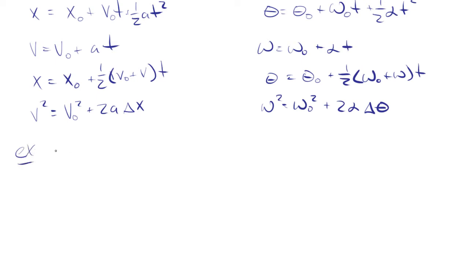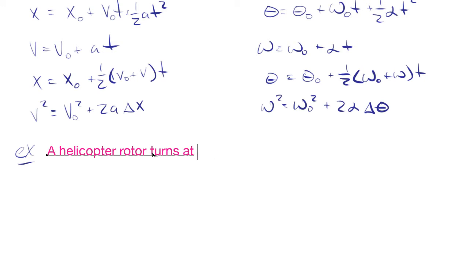So let's do an example problem. And the first one we'll do is a helicopter. You have a helicopter and you're looking at the rotor. It turns with an angular velocity, and that's an omega. I know it looks like a W, it's an omega.